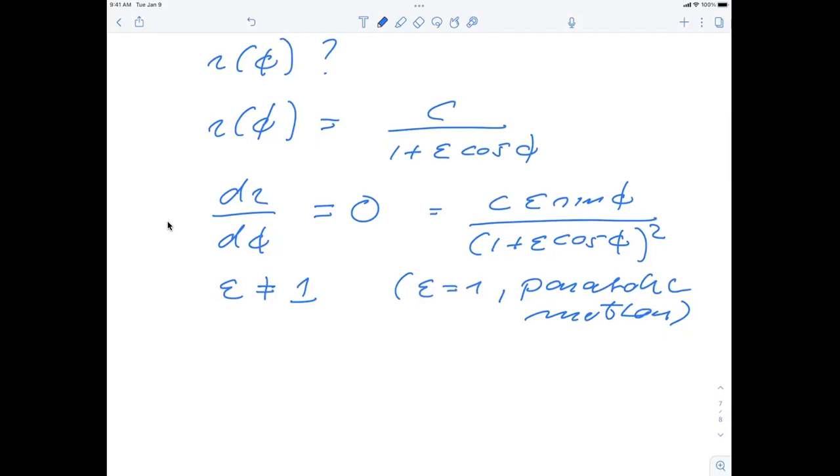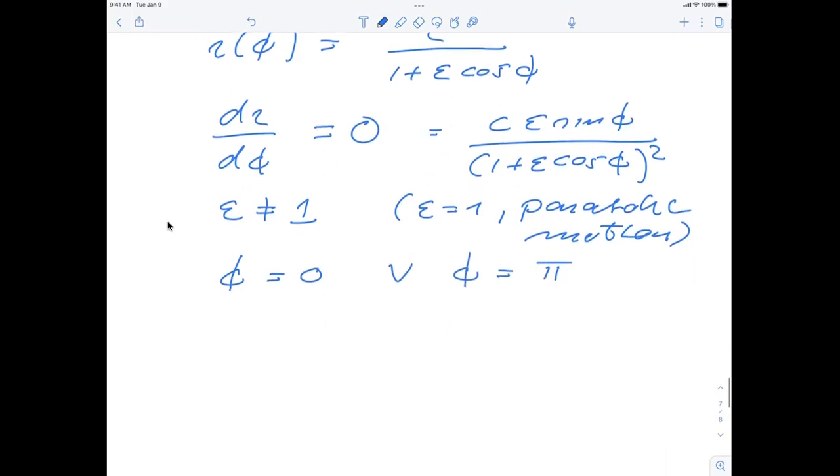From the sine function, the angle phi has to be either 0, because sine of 0 is 0, or pi, because sine of pi is 0. These are the two angles which give us a solution which points to the minimum or maximum value. We don't know whether it's a minimum or maximum, right? So the angle phi is either 0 or phi is equal to pi.